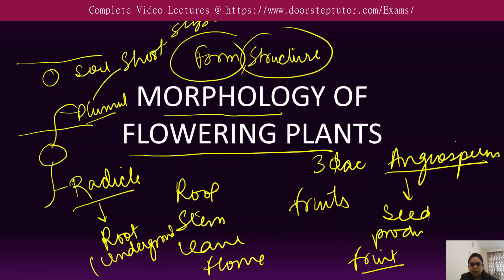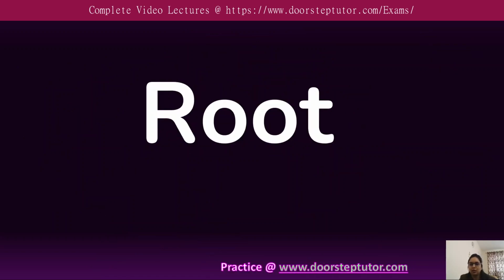So in the morphology of the flowering plant, the plant has two systems, the root system and the shoot system. The underground part of the plant is called the root, while the one above the soil is known as the shoot. So in this lecture, we will be exploring the root system.